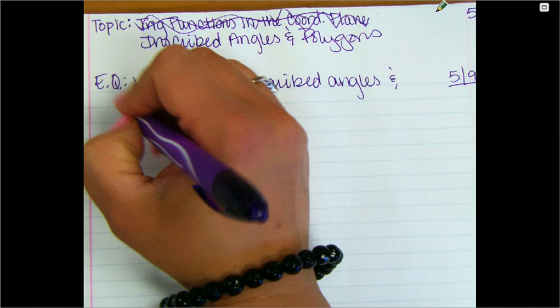Which is why if you did your homework, then you have yesterday down, and now I'm adding something different. Okay? Inscribed angle. An inscribed angle is an angle whose vertex, what does it mean to be the vertex again?